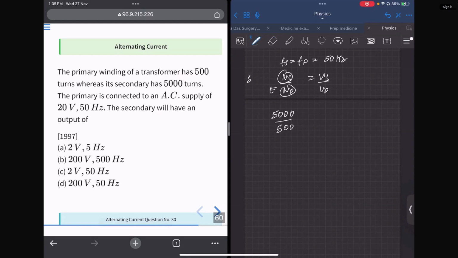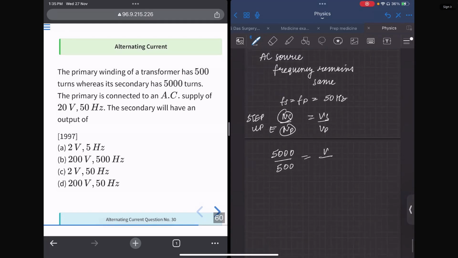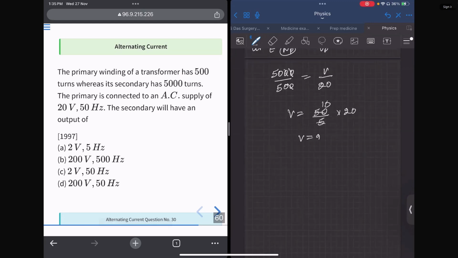Here it is step up. So VS in secondary we have to calculate, and in primary we have the voltage as 20. So VS is 5000 by 500 into 20. So VS is 200 volts.